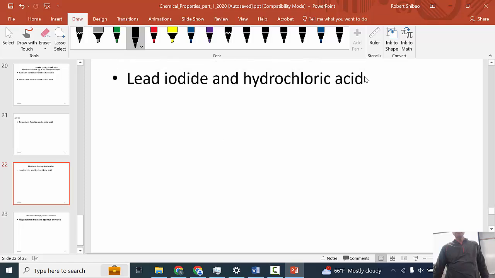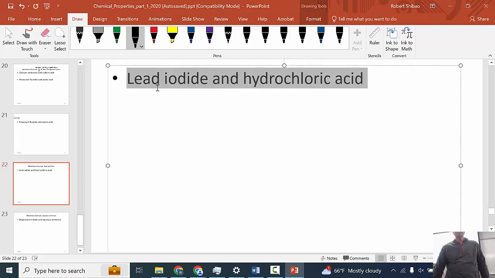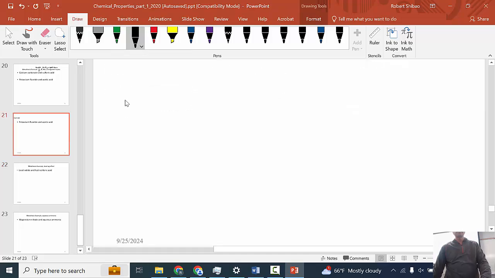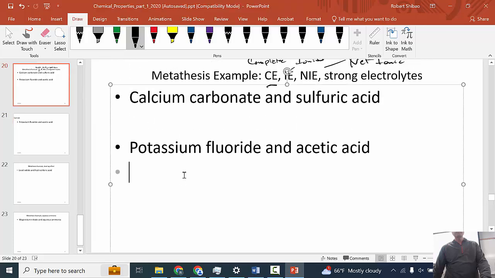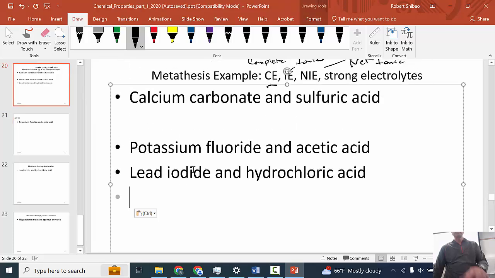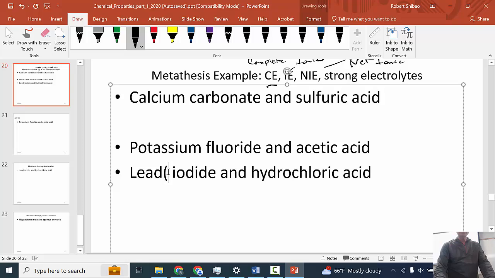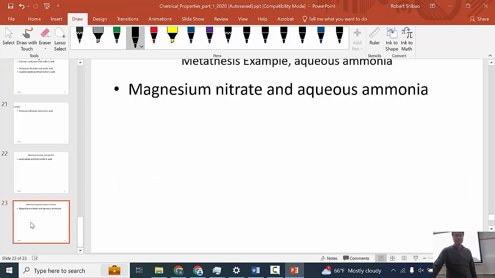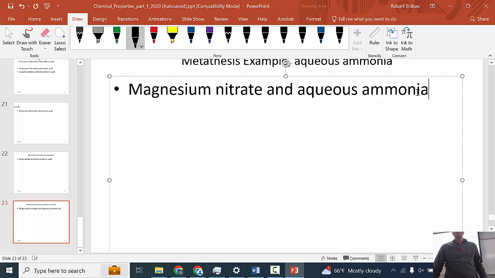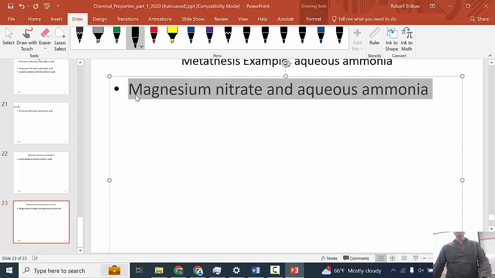Lead iodide and hydrochloric acid. Another. I'll just put these all on one slide. Magnesium nitrate and aqueous ammonia.